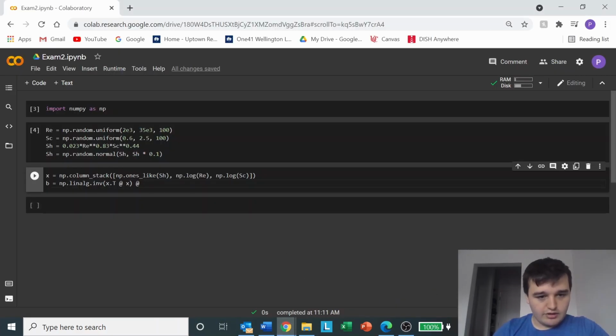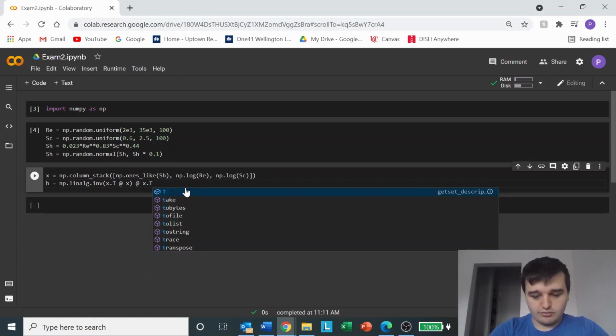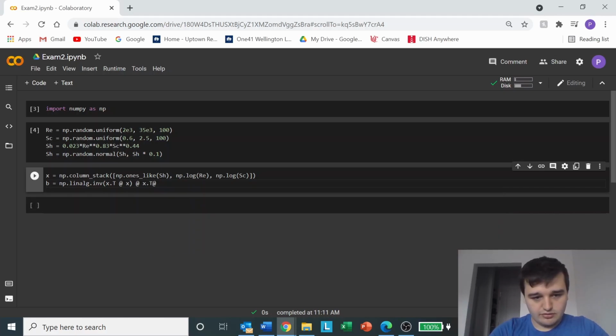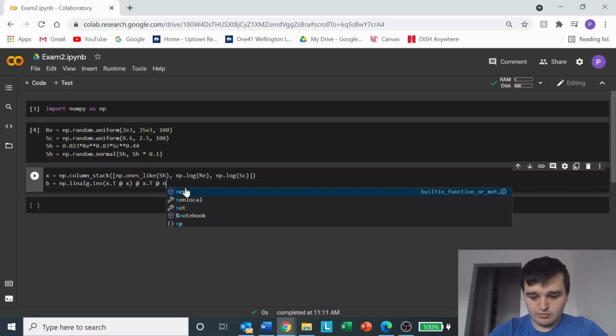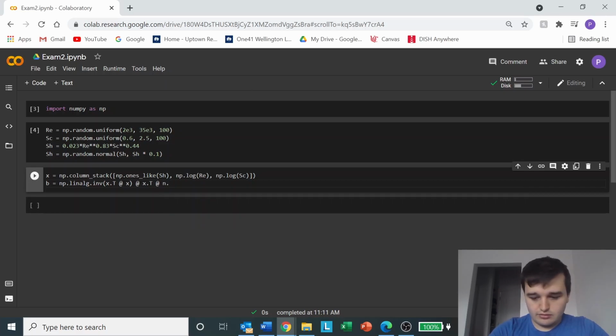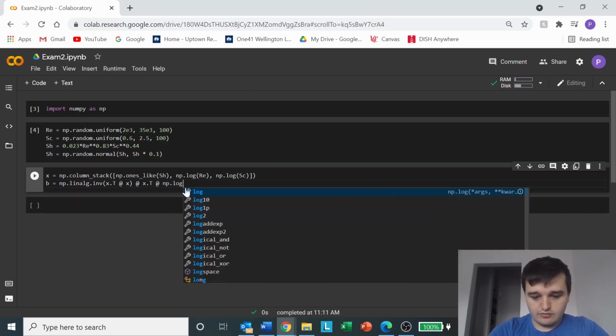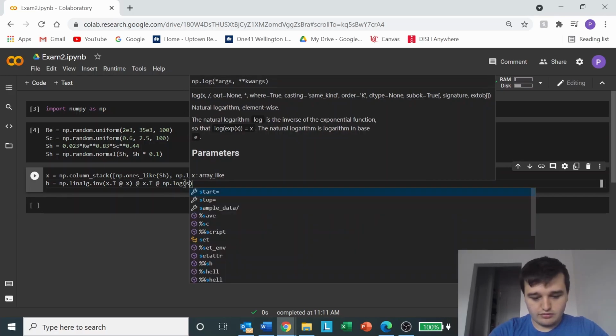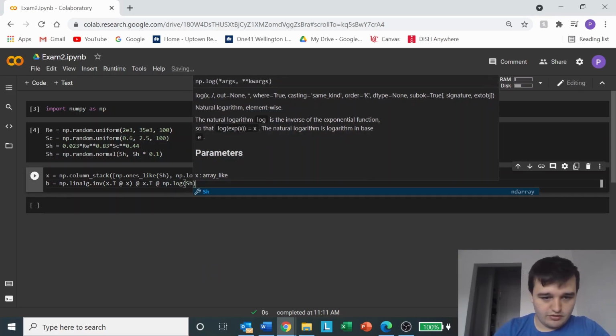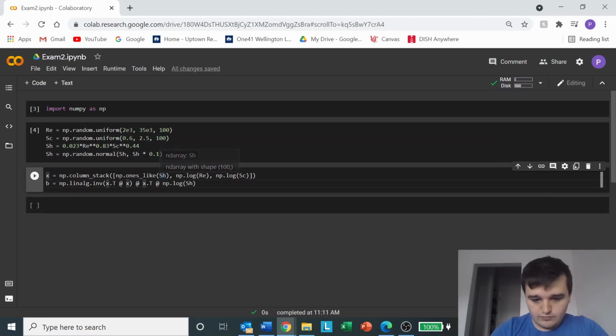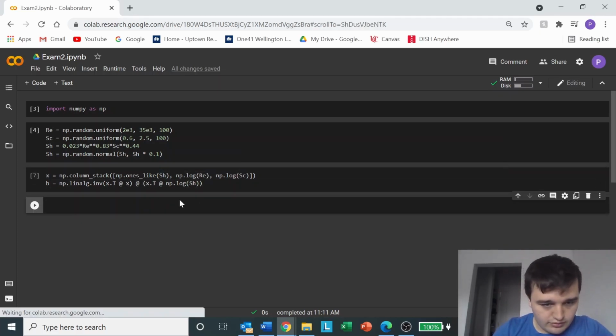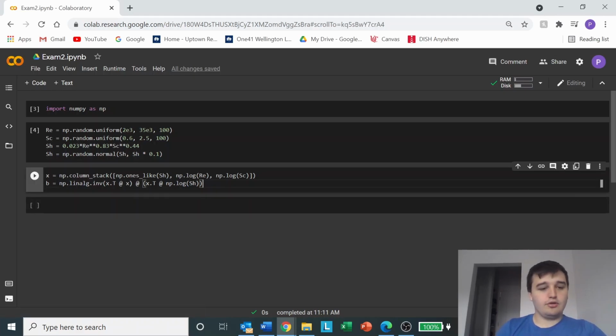So we need another X.T for the transpose of X, times np.log again for natural log, and then we want the Sherwood number this time. Let's add another bracket there. Okay, so that is our unknown equation now.